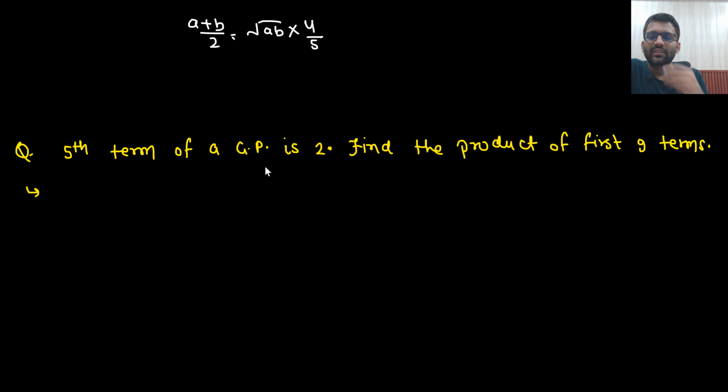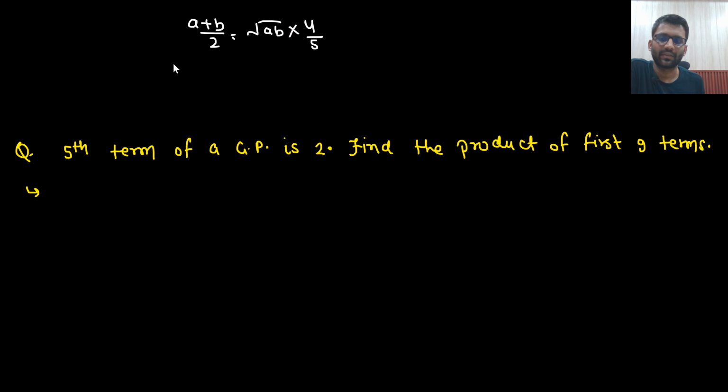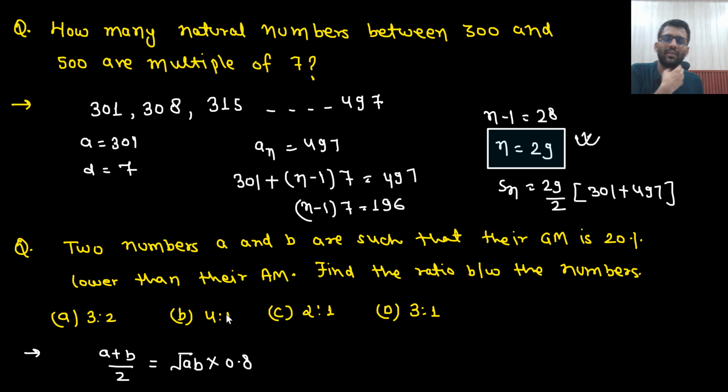Now solving this, the equation will become tough because you need the ratio, right? So better we have the options, check by option. Which one is satisfied?